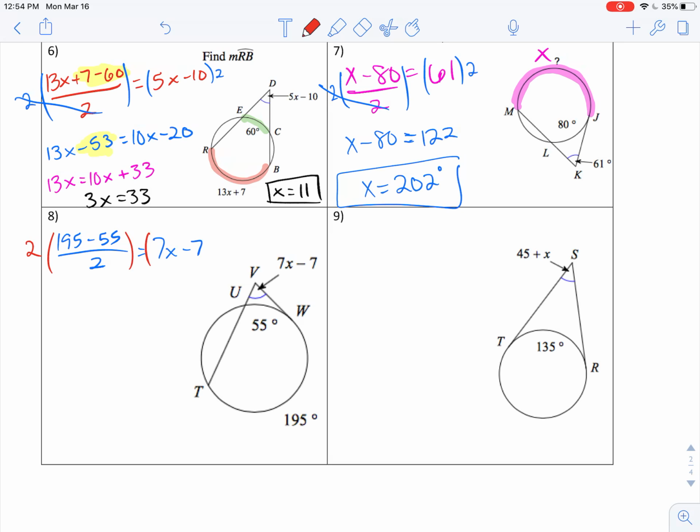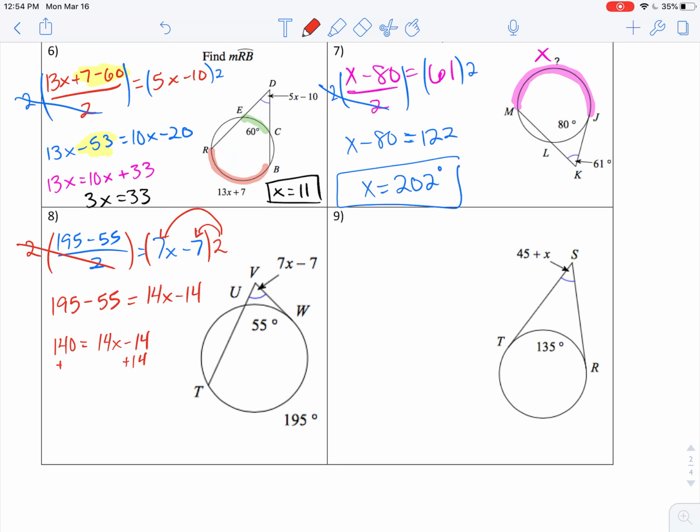I can multiply by 2 on both sides. Don't forget to distribute. So the 2's cancel. 195 minus 55 equals 14x minus 14. 140 equals 14x minus 14.